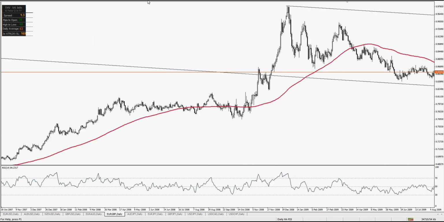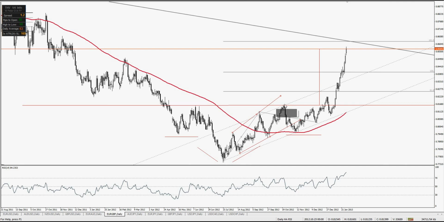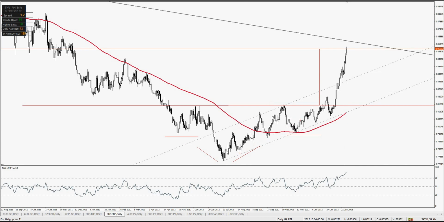On the bearish side, it is just an A, B, and a C wave up. There is a possibility also of a triangle in here. If I take some of this out so we can see it, then your A would end here.